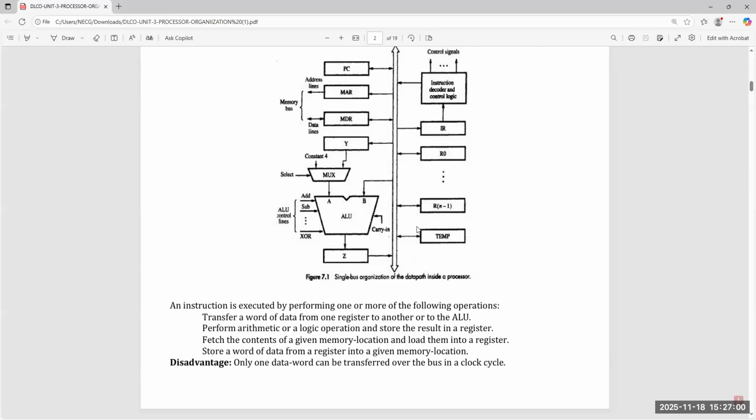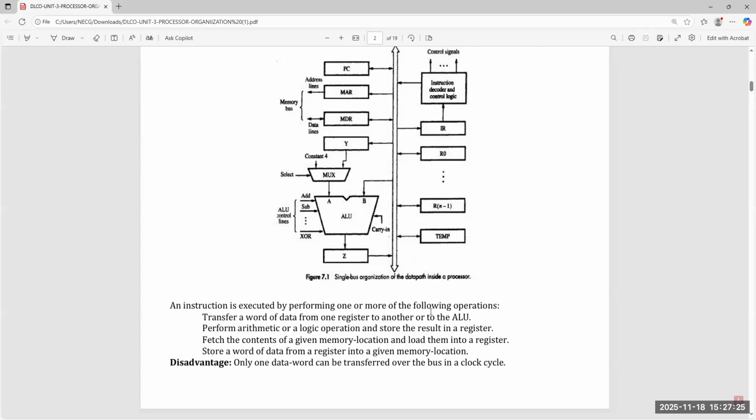A single bus transfers only one word of data at a time. That is one point. The second is limited address spaces.